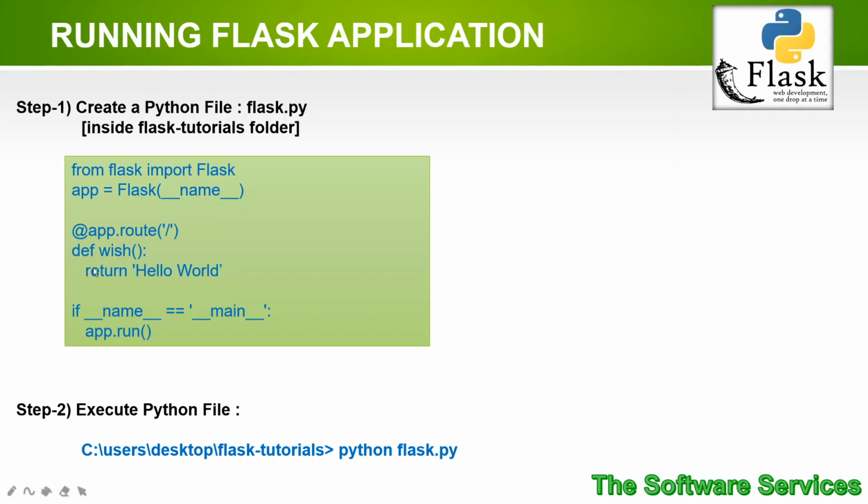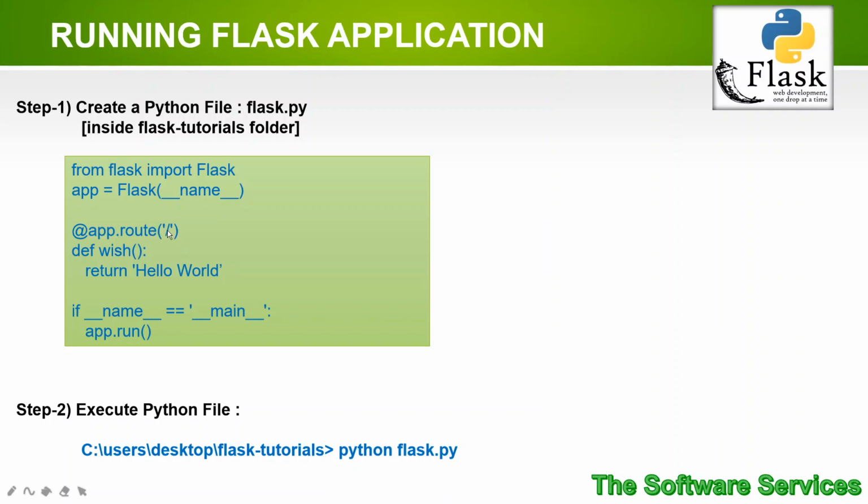The simple function def wish return hello world is a simple function, but with the decorator on top of it, whenever a user opens the browser and types the URL pattern, that means only slash, it's the home page, then Flask comes and executes this function, friends.